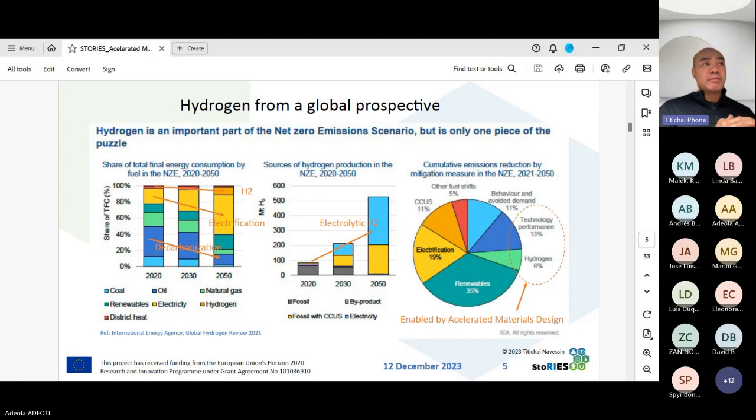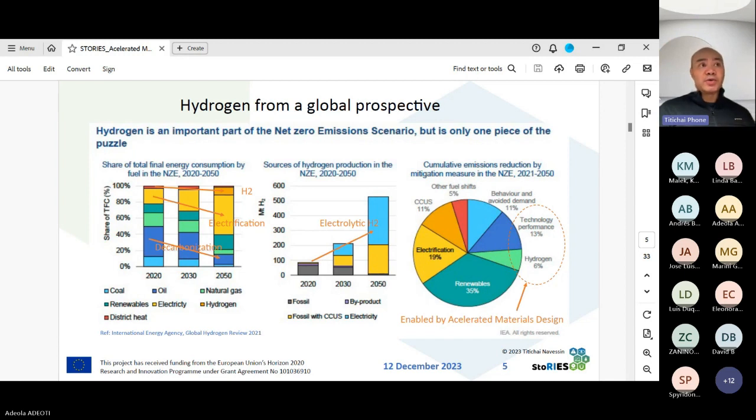Electrolytic hydrogen in the middle figure is expected to play a significant role in that. And the pie chart on the right shows the emission reduction, or the impacts of each of the components, which are quite profound. Electrification will contribute 19% of the overall.